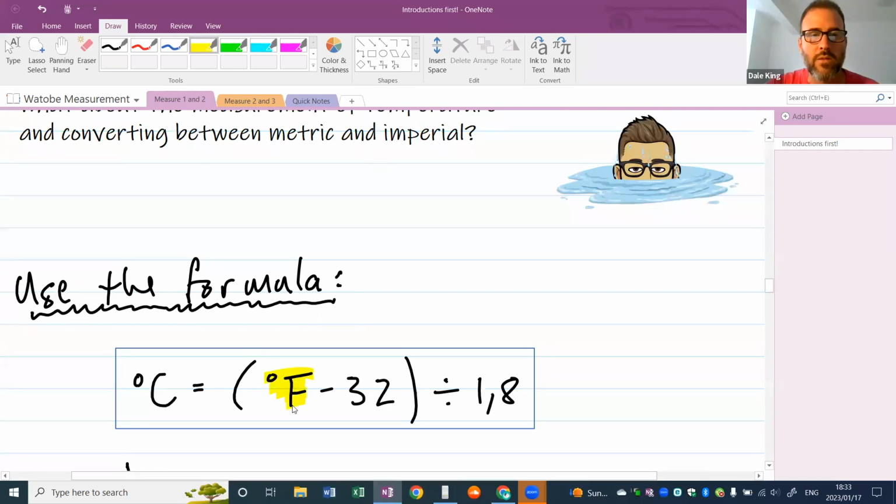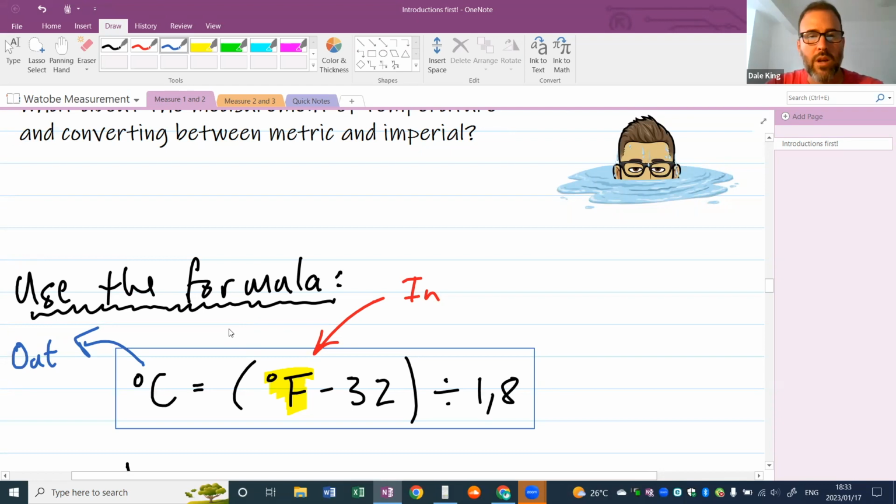This is the place in the formula. So you see that capital F with a little degree symbol, that's the Fahrenheit symbol. So that's where we're going to put our Fahrenheit value. We're going to put the Fahrenheit value in here, and we're going to get our answer for degrees Celsius out over here.